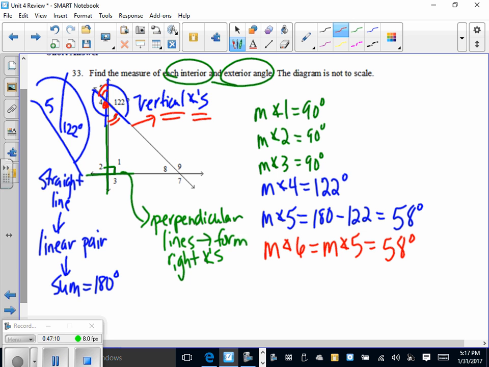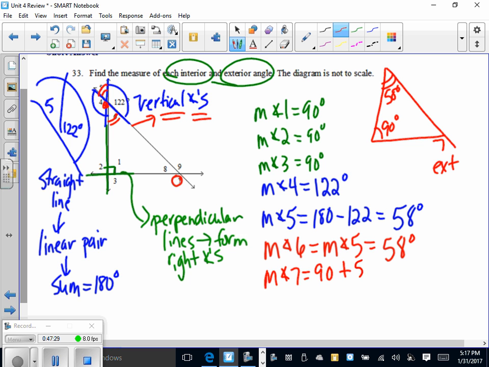For angle 7. Angle 7 is an exterior angle, so it's equal to these two angles added together. This is 90 degrees, and we found that this was 58 degrees. So the measure of angle 7 is equal to 90 plus 58, which is 148 degrees.